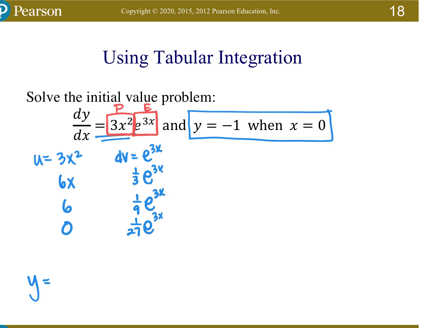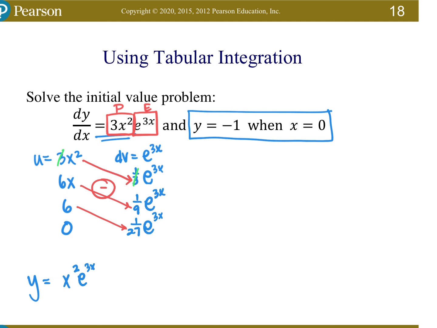Okay, let's work on our pairs. So we'll pair these up. And this one would be subtraction. When we do our first pair, the 3 is going to reduce with the 1/3. So I'll be left with x squared e to the 3x.